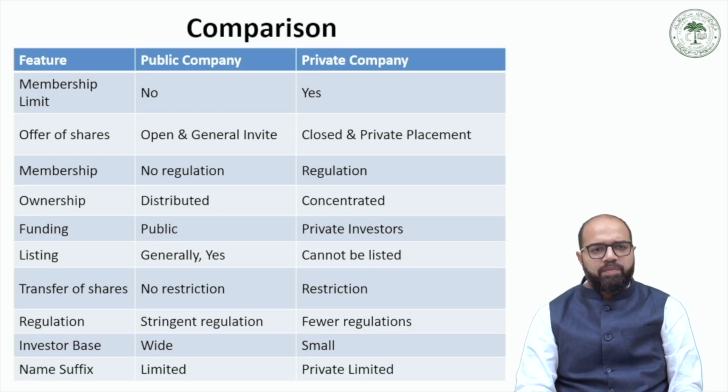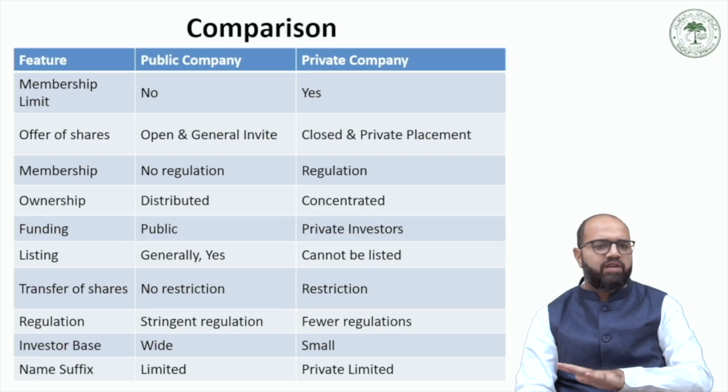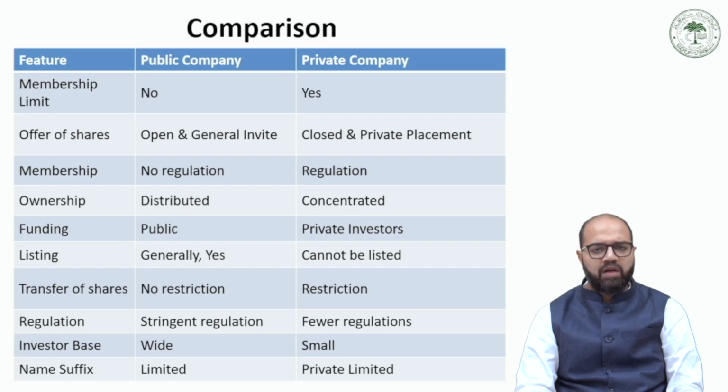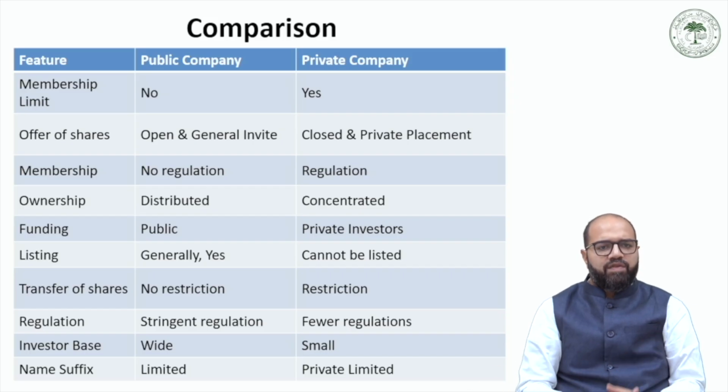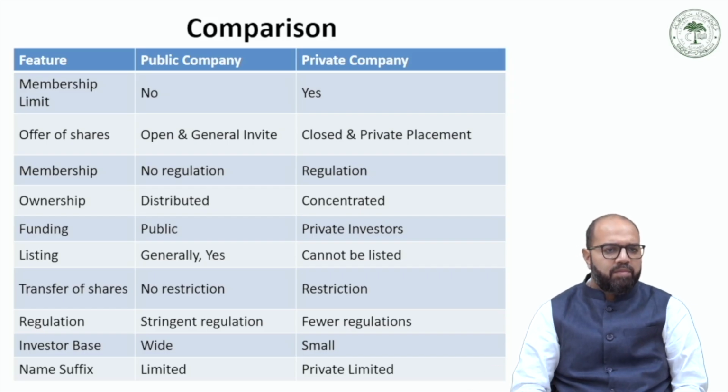The ownership of a public company is generally very dispersed and distributed to a large group of people, whereas in case of a private company, it is concentrated in a few hands. Insofar as the funding of a public company is concerned, it is funded by the members of the public.